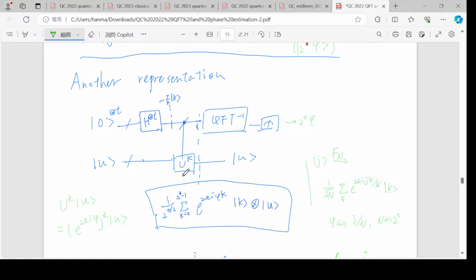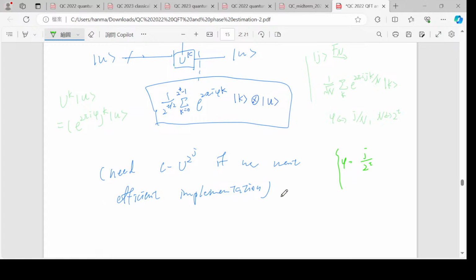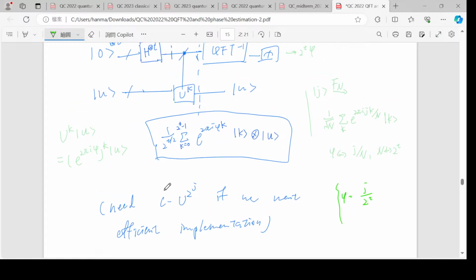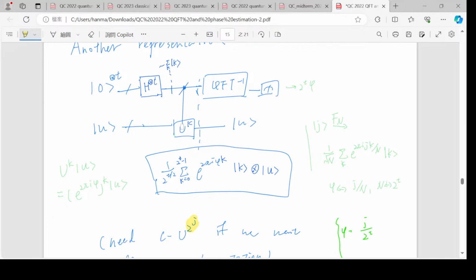So we are applying this U many times, with phase kickback. One thing I forgot to say: you have this controlled U to the 2 to the j. The 2 to the j part is quite important to have an efficient circuit, because k is possibly up to 2 to the t. If you just do controlled U to the k with the usual controlled U, you need 2 to the t controlled U's, and that's very expensive.